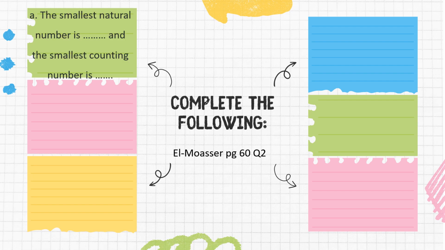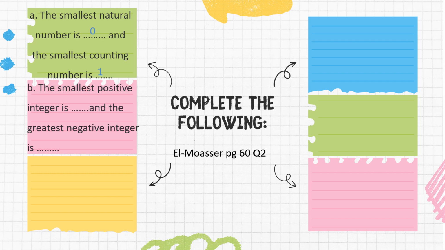The smallest natural number is what? And the smallest counting number is what? Remember, math champion. Excellent. The smallest natural number is 0, and the smallest counting number is 1. Okay, next.